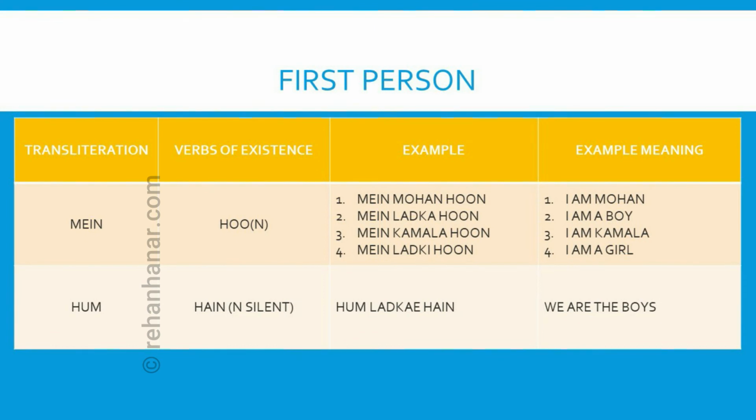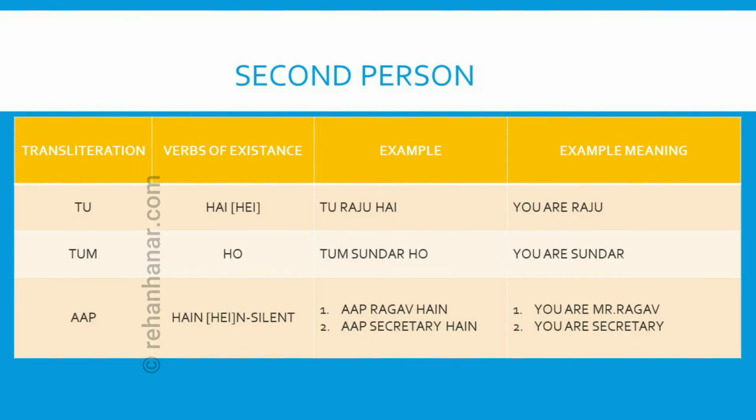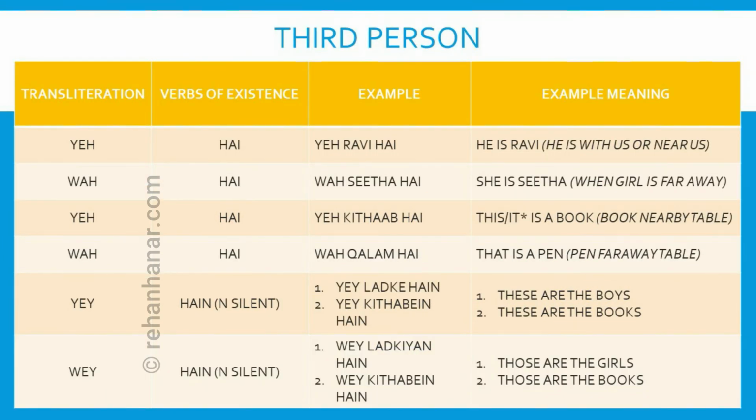So, once again, I tell you, main must be ended with hoon, tu, hai, तुम हो, आप हैं. यह और वह है. Plural, ये and वे हैं.